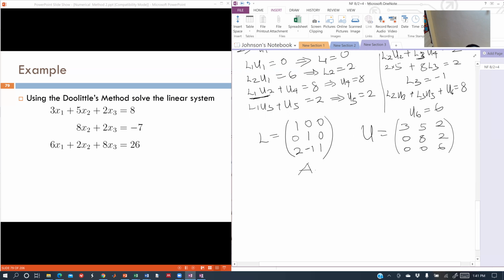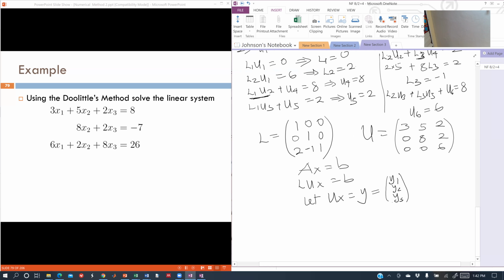So we have our AX is equal to B is what we are solving, but we know LU times X is equal to B. We are saying that let UX be equal to a certain Y. In this case, Y is going to be Y1, Y2, Y3, because X is X1, X2, X3.